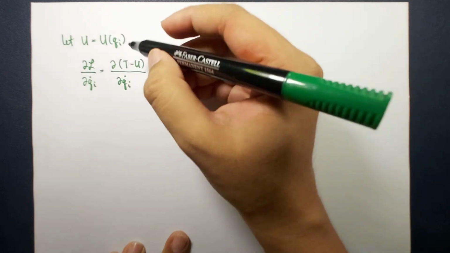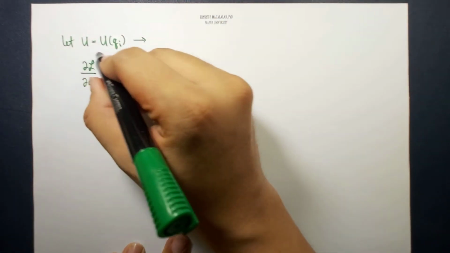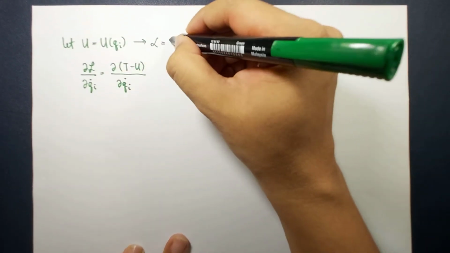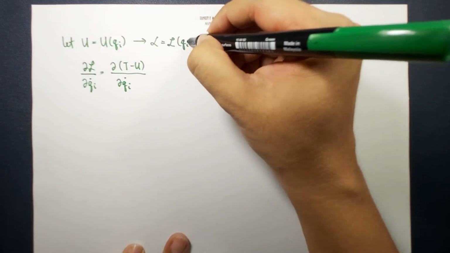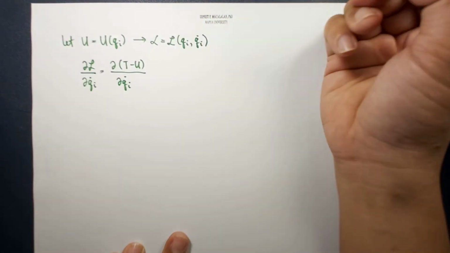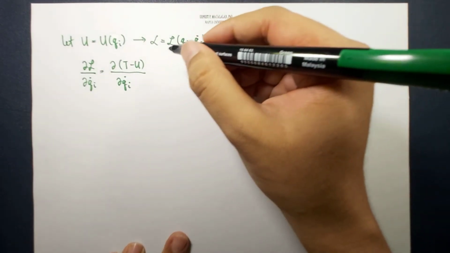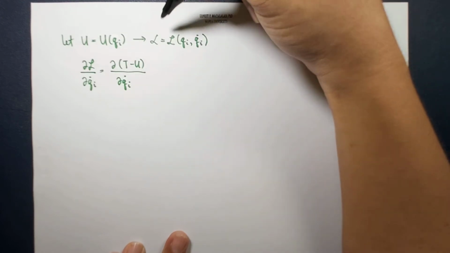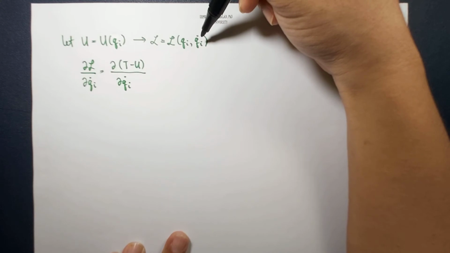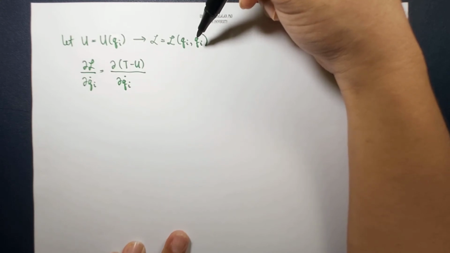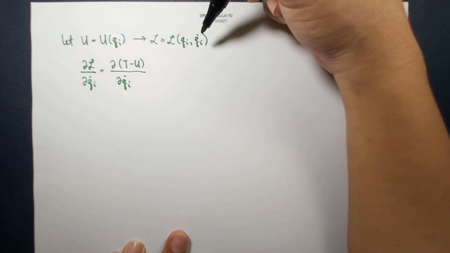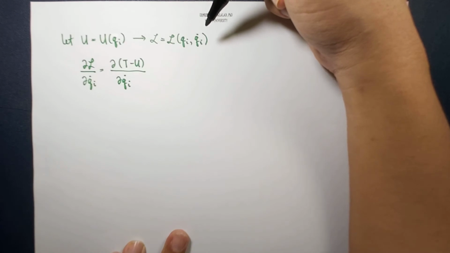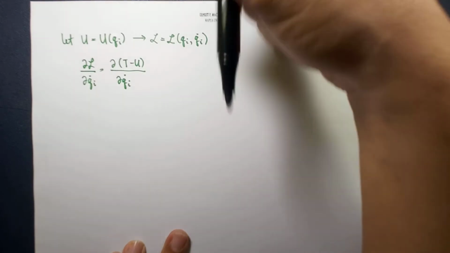Okay, now from here we know that the Lagrangian is a function of qi and qi dot, but this dependence on the velocity of the Lagrangian is only because the kinetic energy of your system of particles is dependent on velocity.